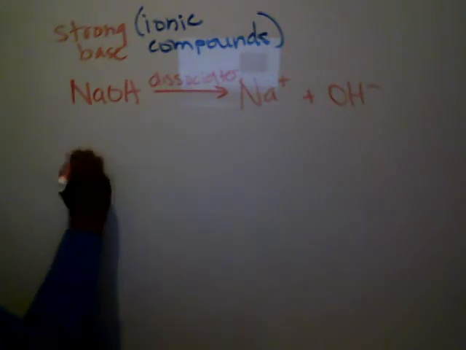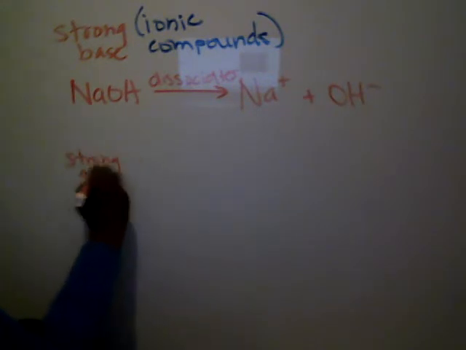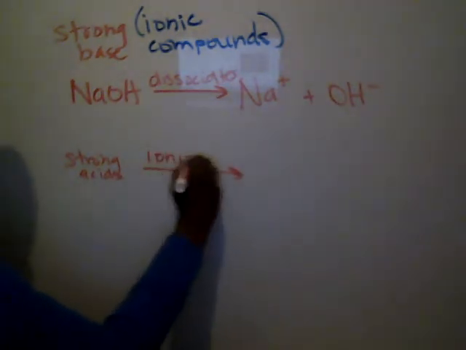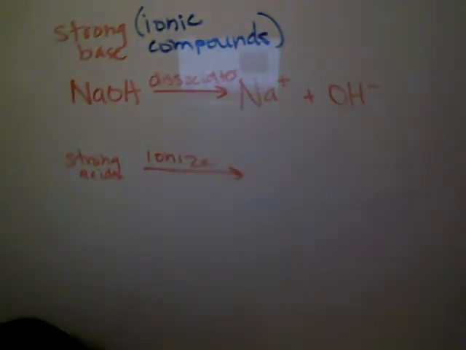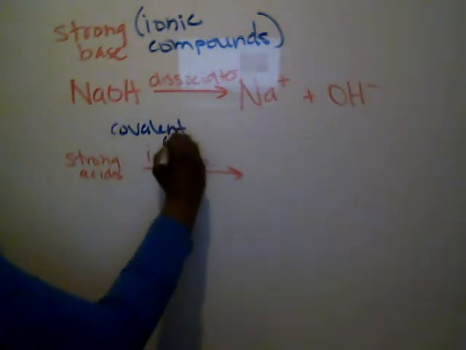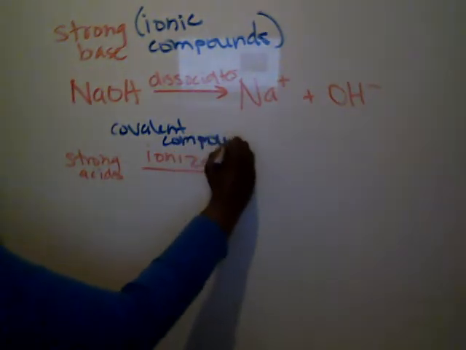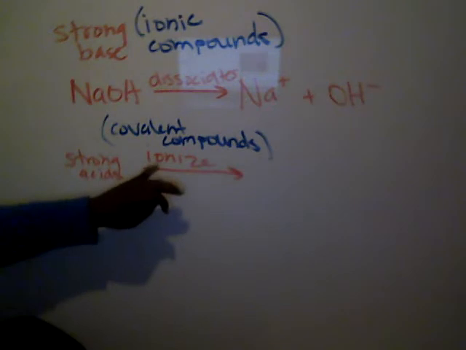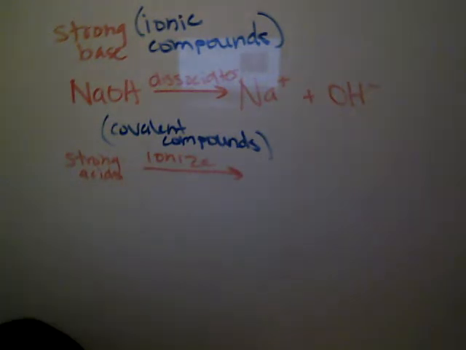Okay, if we're dealing with strong acids, we say ionize, and it just means separates. Acids are covalent compounds. And for covalent compounds, we don't say dissociate. Dissociate is only a word we use for ionic compounds. For covalent compounds, we say that the compound ionizes or separates.